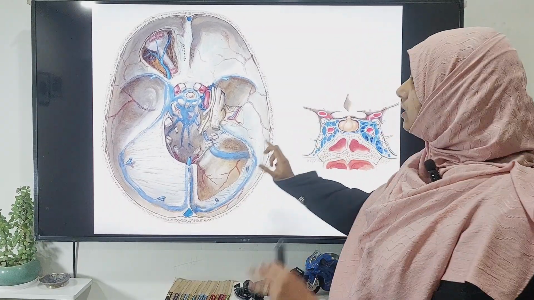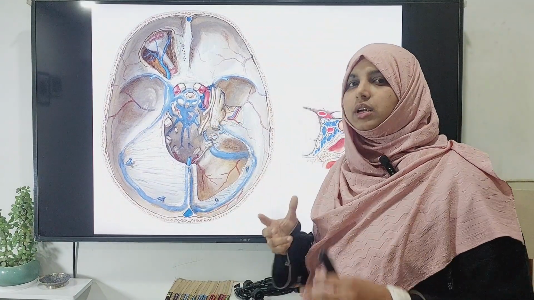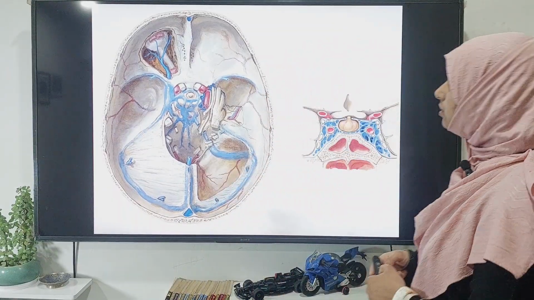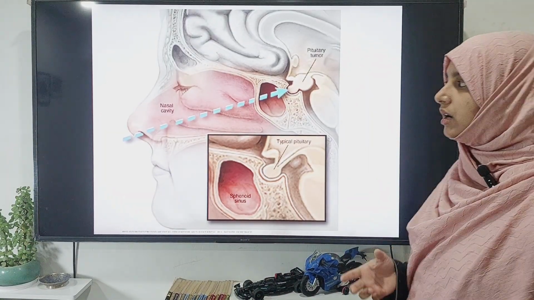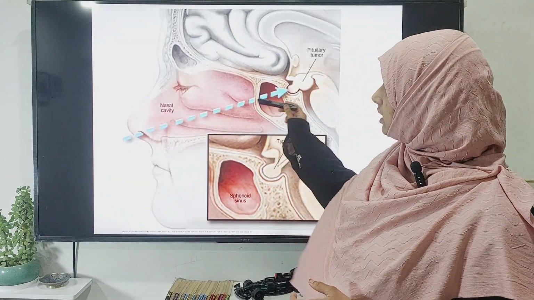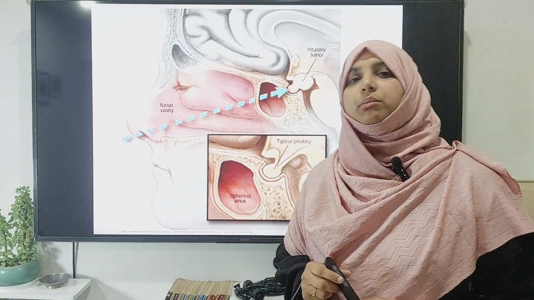So as of now, you know these different nerves are all going in close relationship with the cavernous sinus. Why am I stressing this so much? Do you know there is an approach in neurosurgery called the transnasal transsphenoidal approach? What do you mean by that?